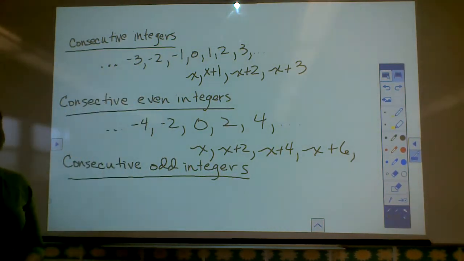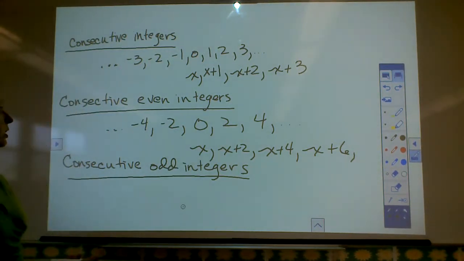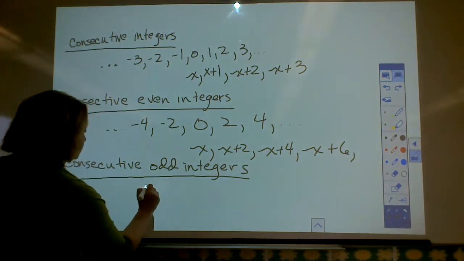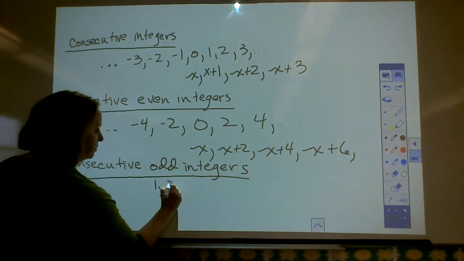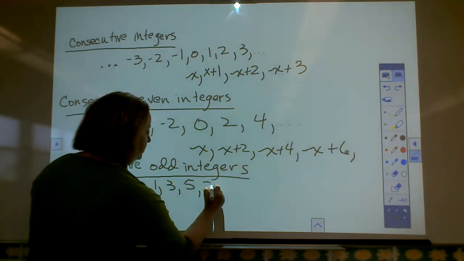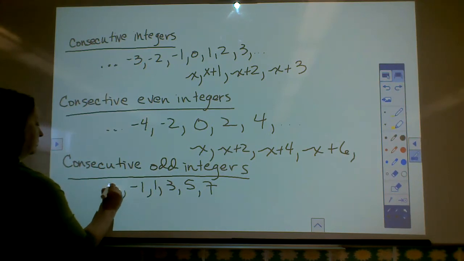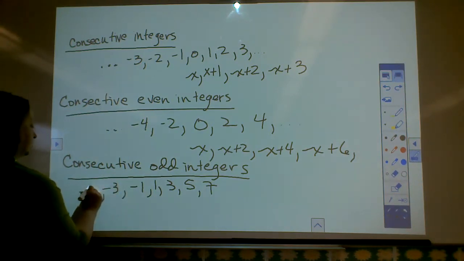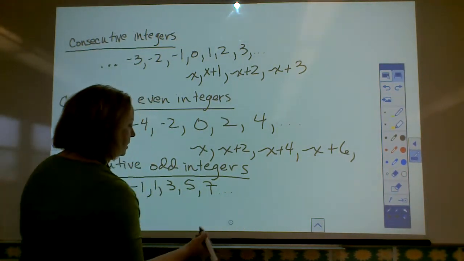So consecutive odd integers are a little bit different. They're not going to include 0 here, but we'll just start. We know one of the first positive odd numbers is 1, 3, 5, 7. Then we're going to have -1, -3, -5, and it's just going to keep going in both directions.